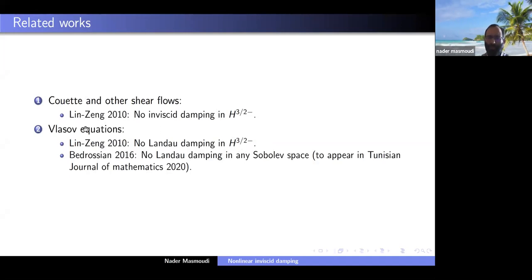There are also papers about the Vlasov equation. Like I mentioned, Landau damping is the equivalent of the inviscid damping. And there is a result of Jacob, which is very similar to our result. At least the statement is similar: one can compare the result of Jacob for Landau damping to our result for the inviscid damping.